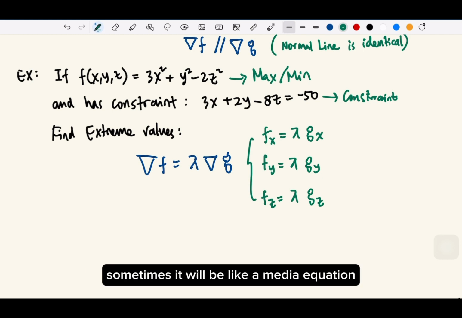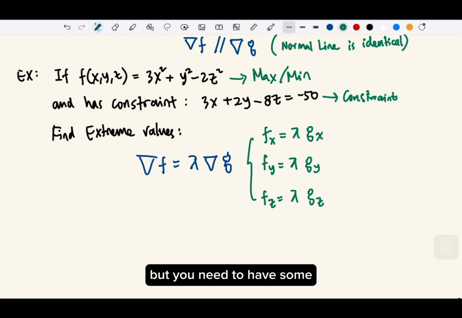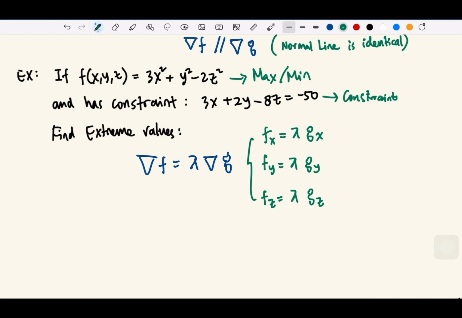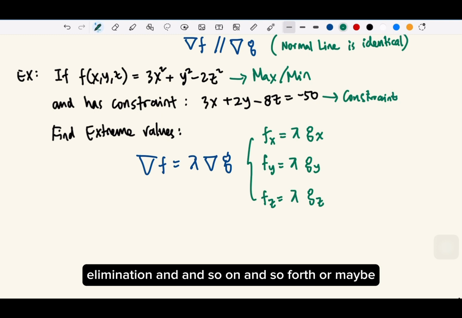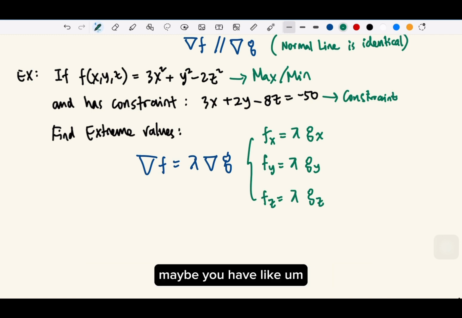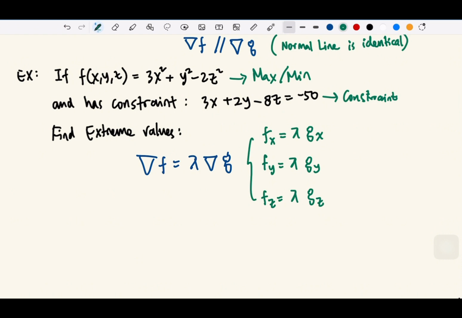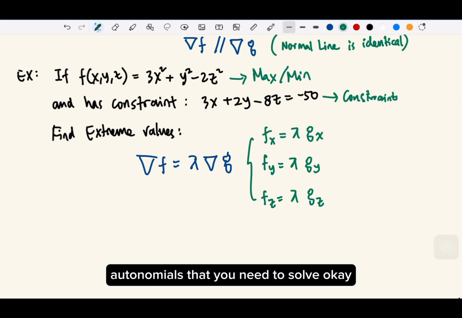Sometimes it will be a linear equation, and maybe you need some method in linear, like substitution, elimination, and so on. Or maybe you have polynomials that you need to solve. It can be anything.